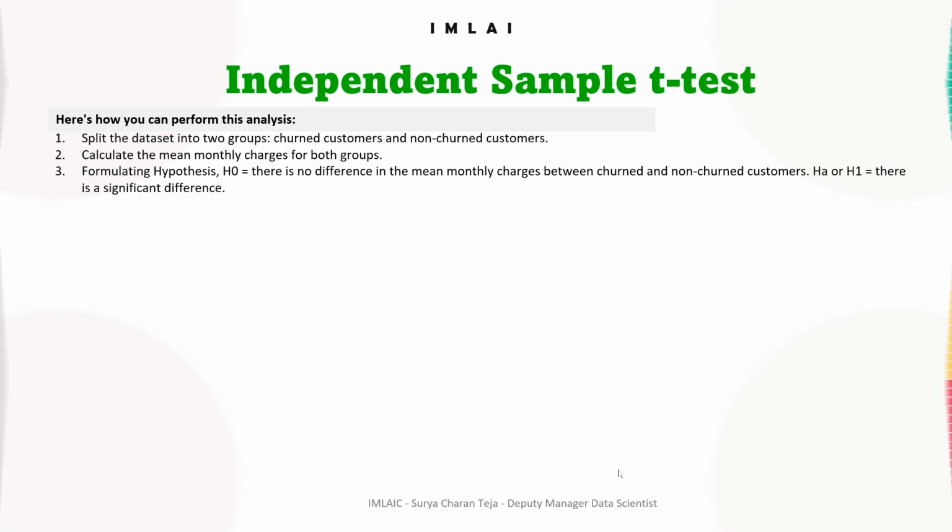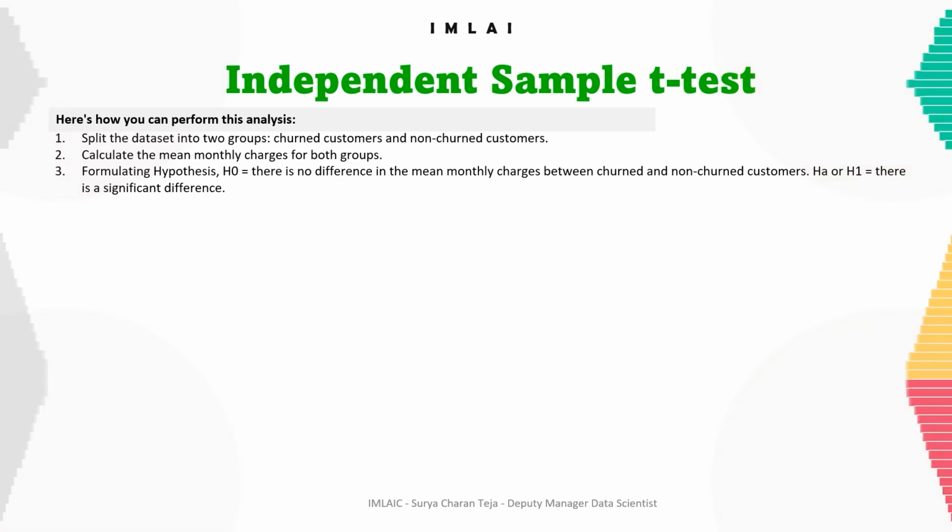Step 3. Now it's time to formulate the hypothesis, because the initial prepping is done. Null hypothesis: there is no difference in the mean monthly charges between the churned and non-churned customers, whereas the alternate hypothesis says there is a significant difference.